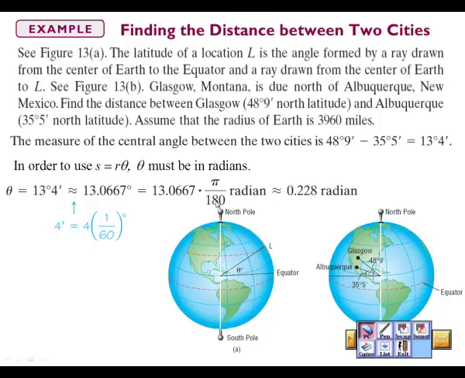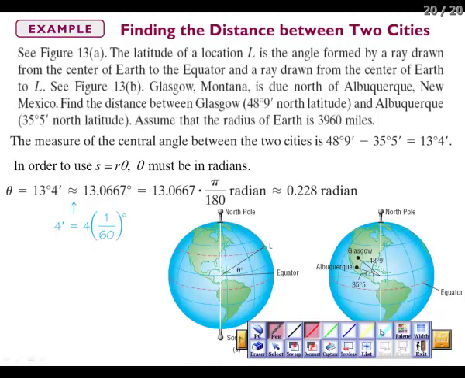And so now at this point, we can't use degrees in our S equals R theta. So we have to convert from degrees to radians. So this is still 13.0667 degrees.